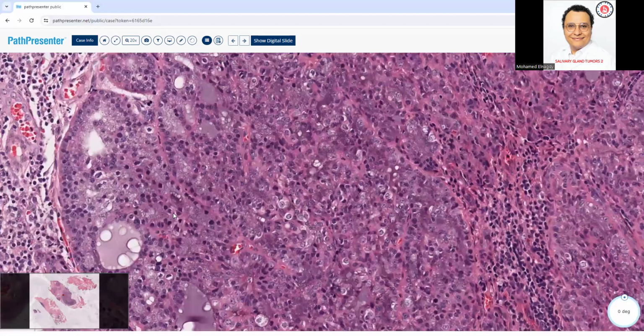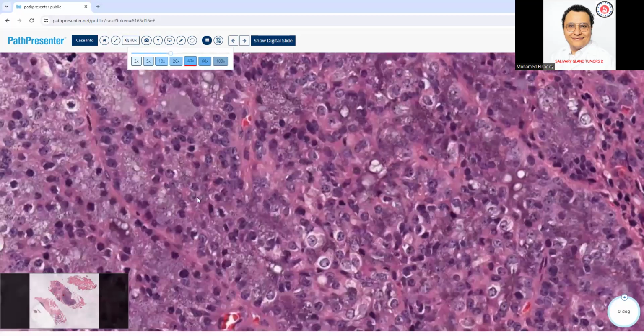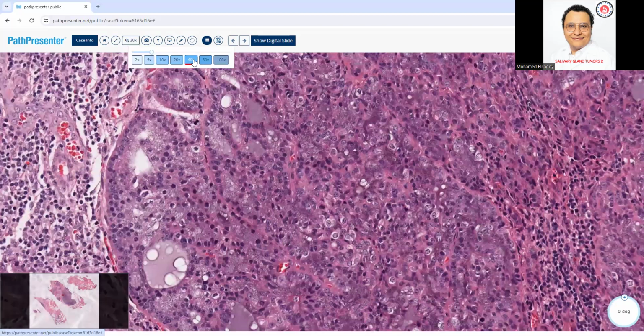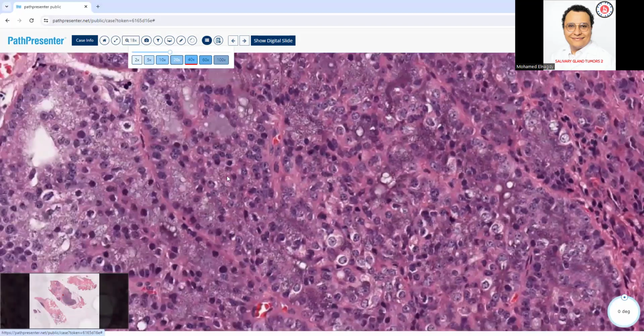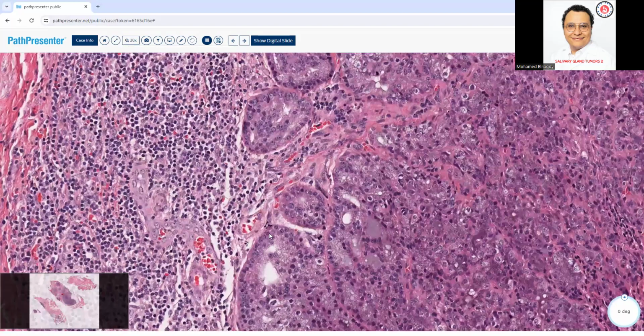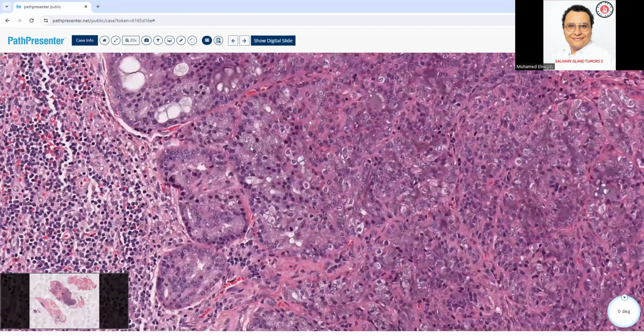What do you think about the cells? Because I can't go higher power. Unfortunately, let's go 40x maybe, but the quality gets really bad when you go 40x. Which cells? These, the whole cells. What do you think of the cytoplasm?